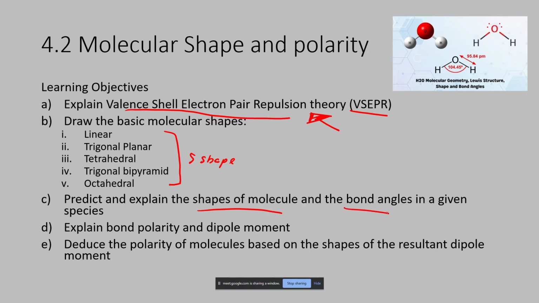Okay, daripada shape dia, bentuk dia, kita boleh tahu dia punya polarity and dipole moment. Okay, polarity tu is basically charge dia lah. Okay, the overall molecule have charges. So contoh kalau of water, dia punya polar moment is like that lah, which is positif dekat hydrogen and dia tertarik kepada oxygen, the electrons.